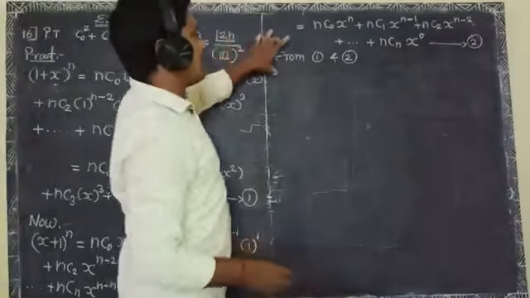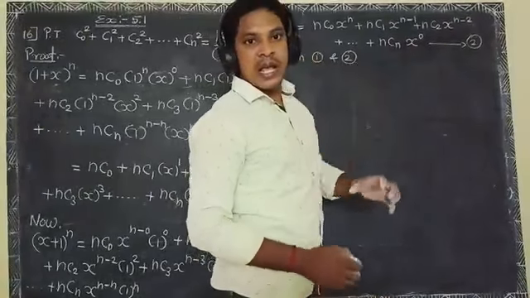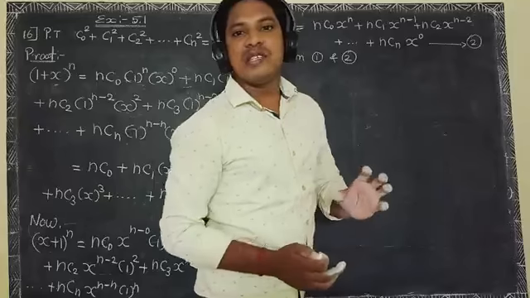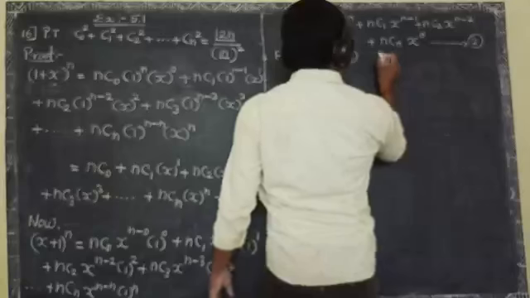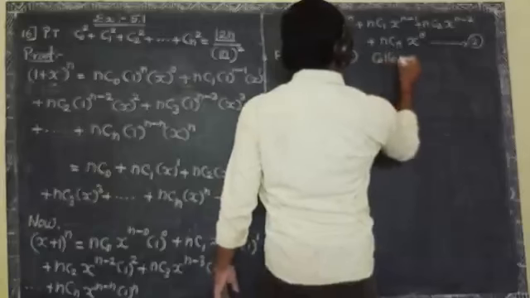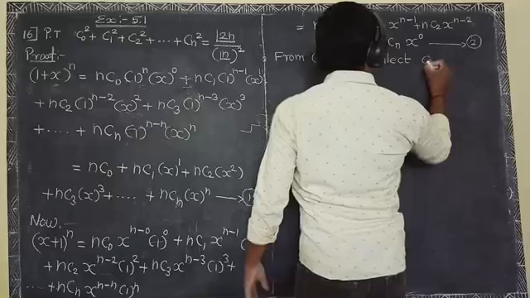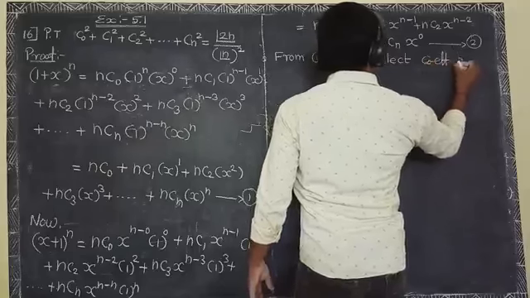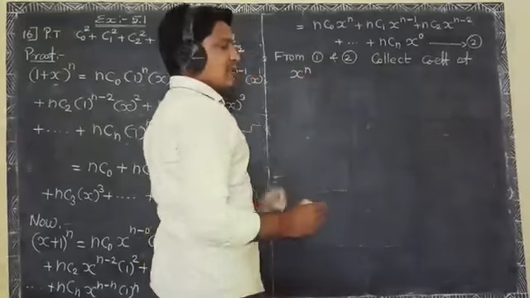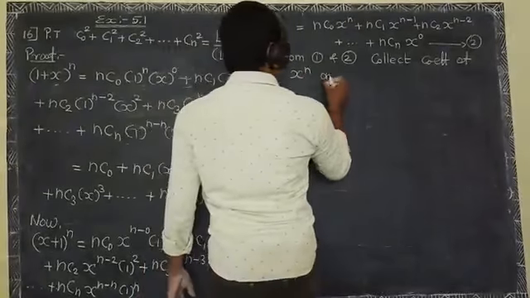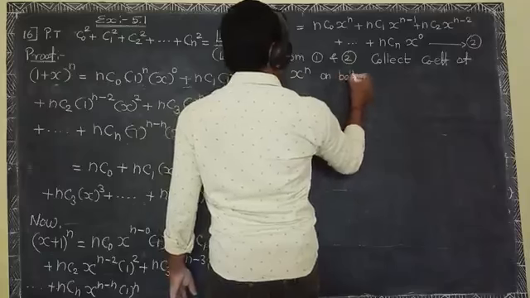From equation 1 and 2, collect the coefficient of x power n on both sides.